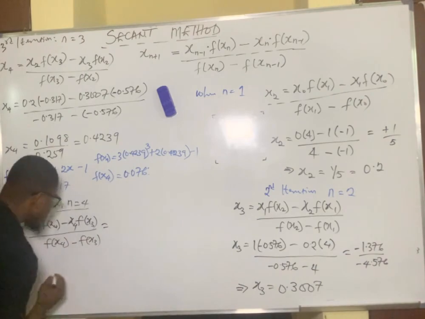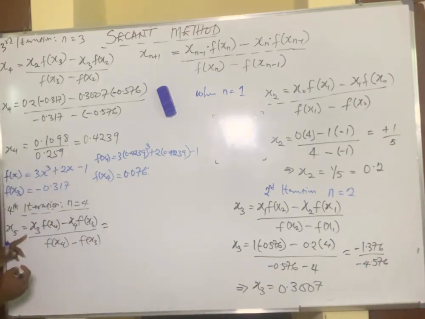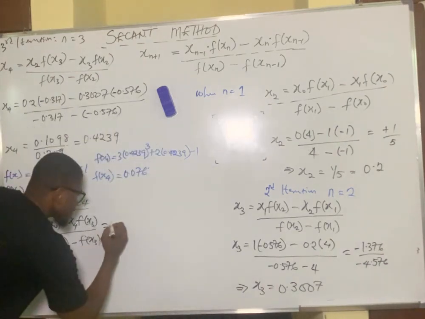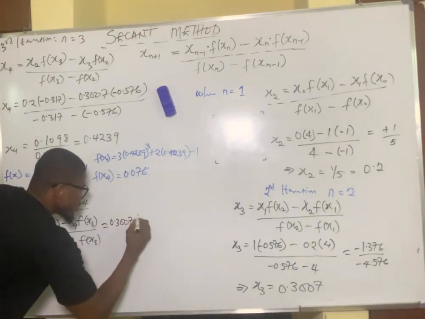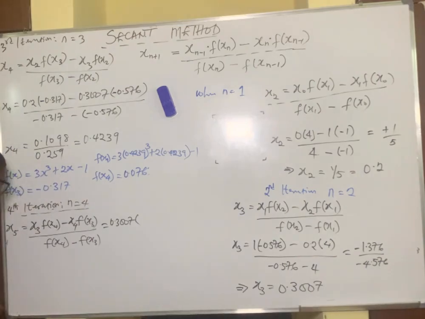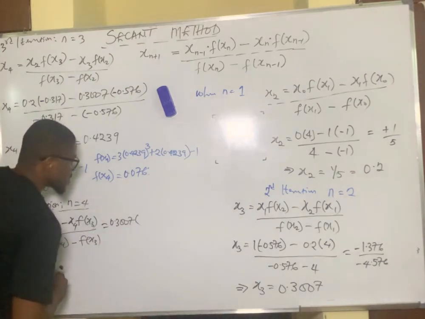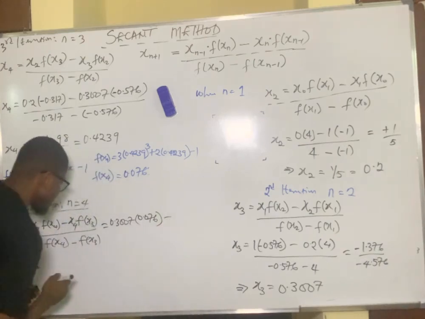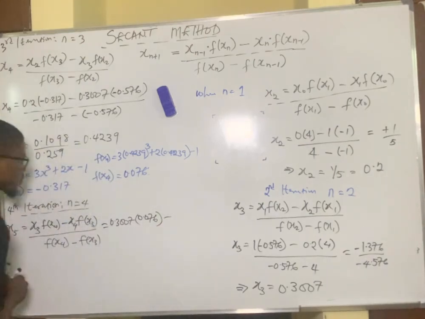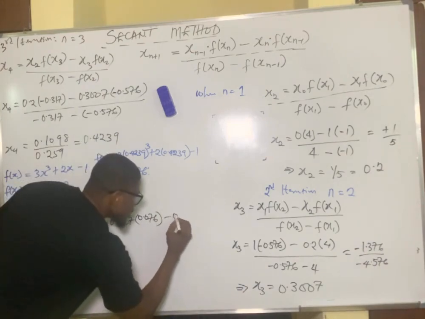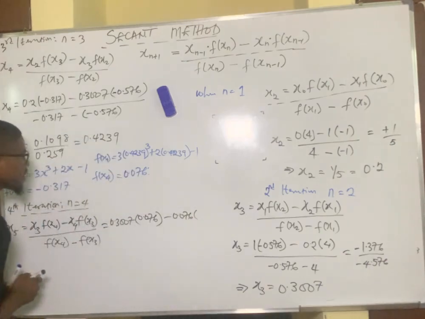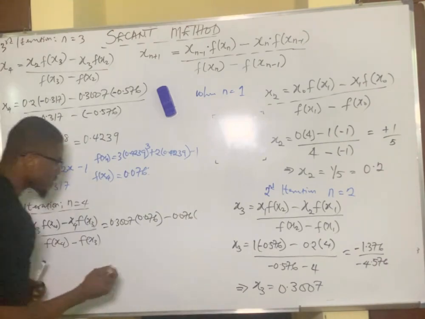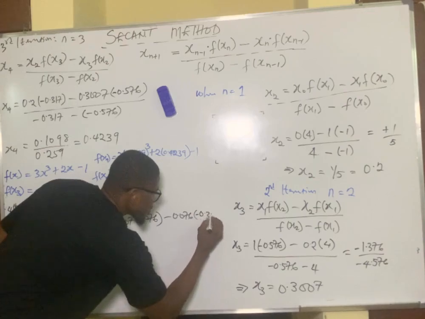This is going to be equal to, we have x3, and the value of x3 from here is 0.3007. So that's 0.3007 multiplied by f of x4. F of x4 gives us 0.076, minus x4, which is 0.076, multiplied by f of x3, and f of x3 gave us negative 0.317.